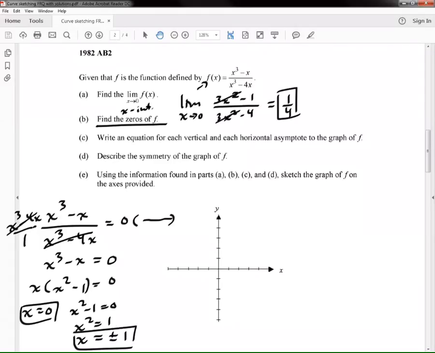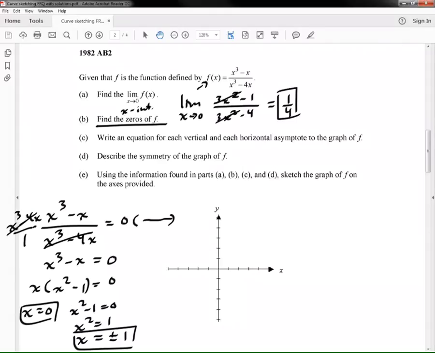So we have 3 zeros. But on a second look at these zeros, you might not notice this right away, but you see that 0 right there? We can't have a 0 in the denominator. If I plug that 0 into this, I'm going to get an undefined result.